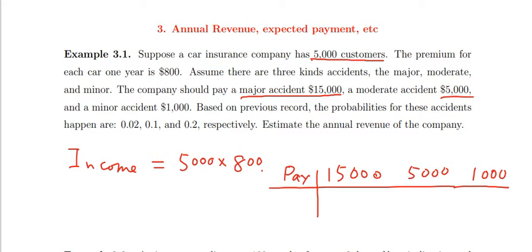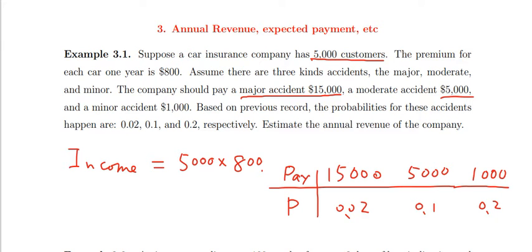Then we need to find the probability that they need to pay those amounts. So here is the probability. Pay this, the probability is 0.002, right? And pay this, 0.1, pay this, 0.2.